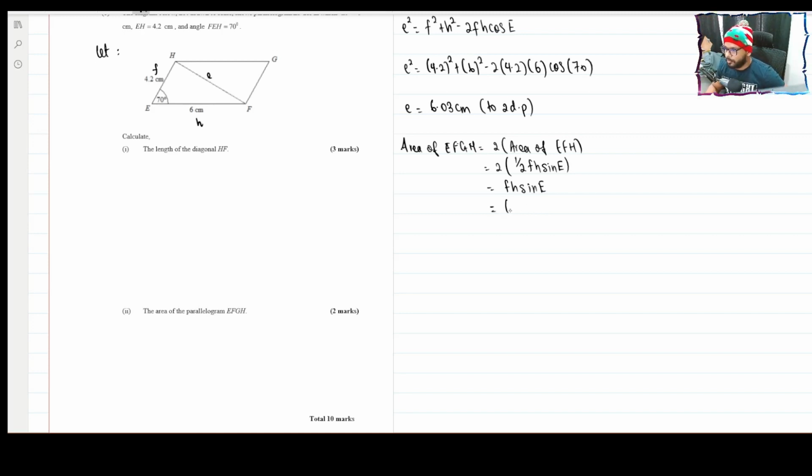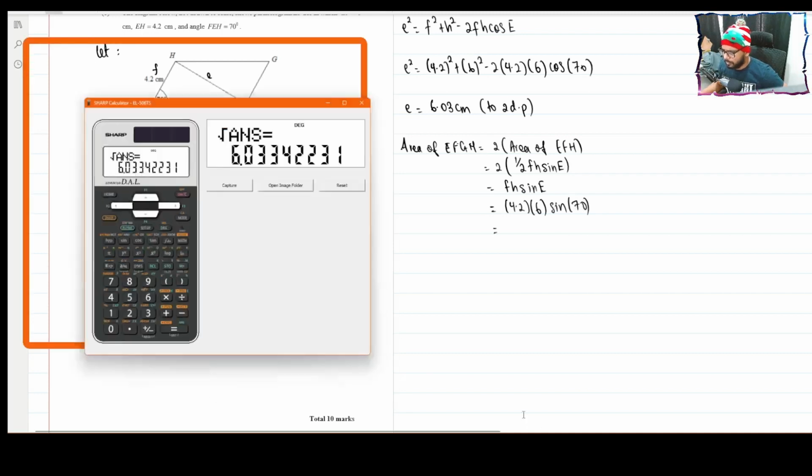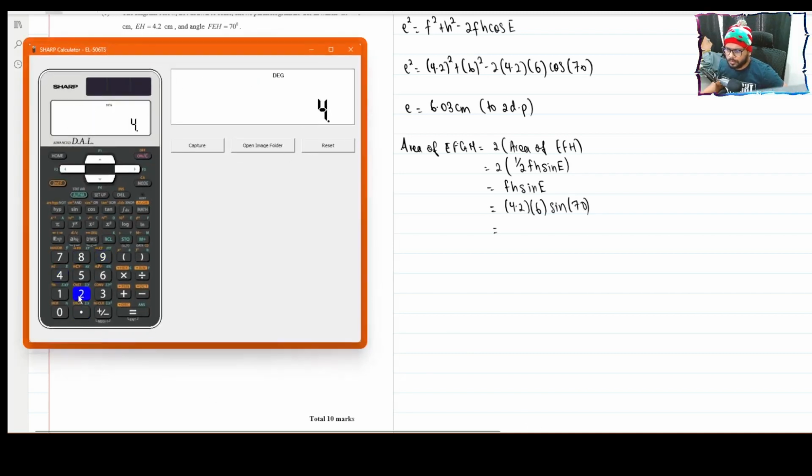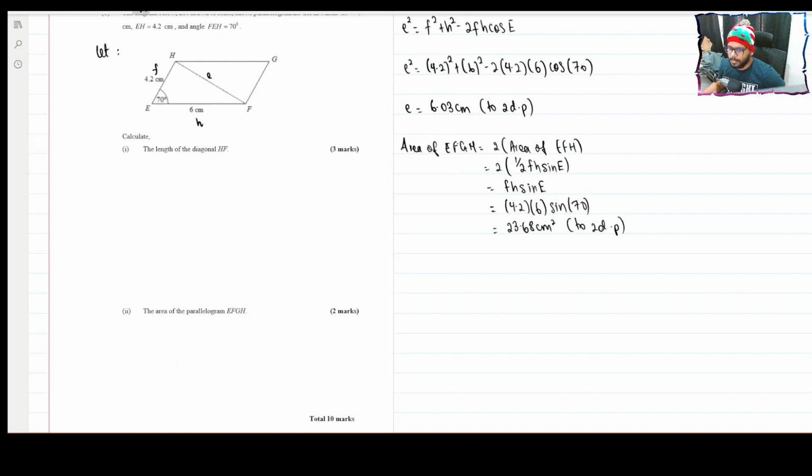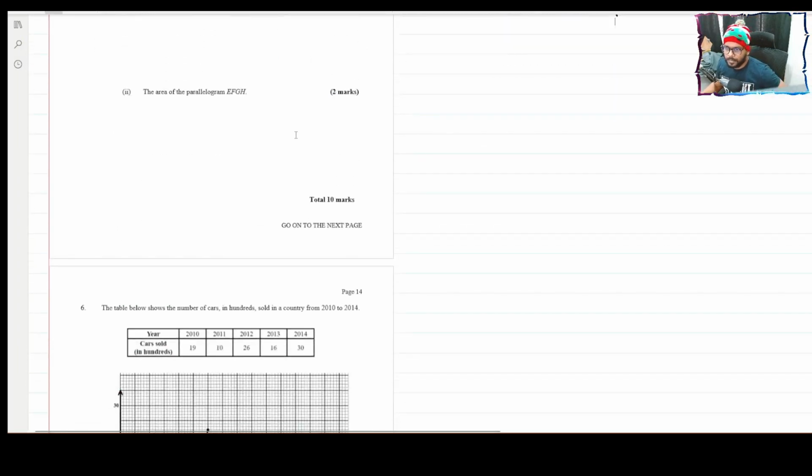F is 4.2, H is 6, sine of E is 70. 4.2 by 6 by sine of 70 is 23.68 centimeters squared, again to 2 decimal places. That's it for number 5.